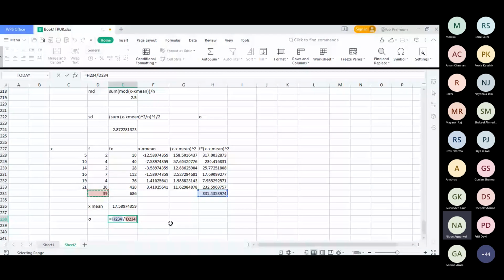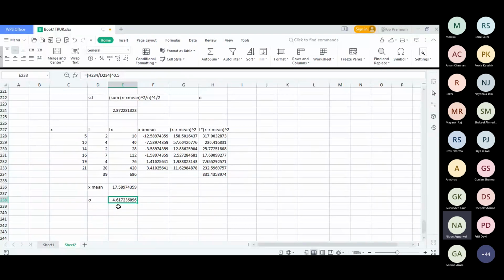Then you have to take the square root of the same. The number of elements is summation f, not n, so we raise it to the power 0.5. So this 4.61 becomes the variation of this data. If we want to calculate the standard deviation of this data, it comes out to be 4.617.